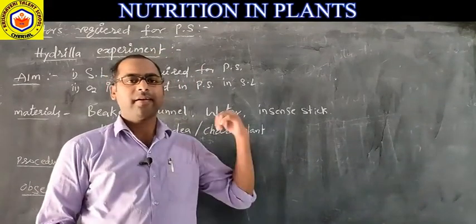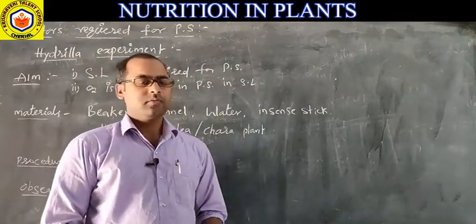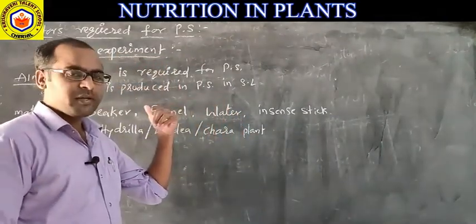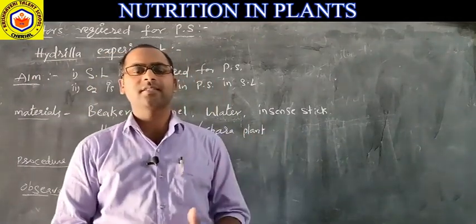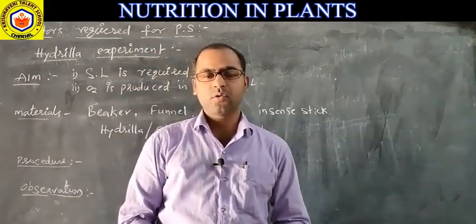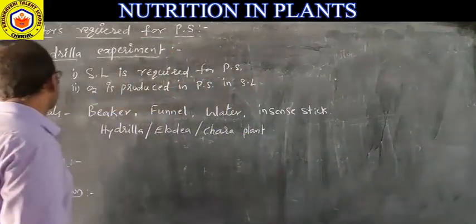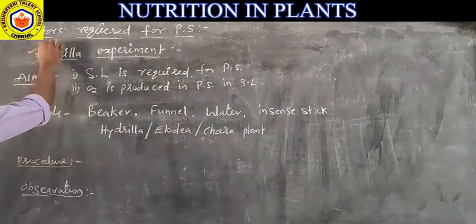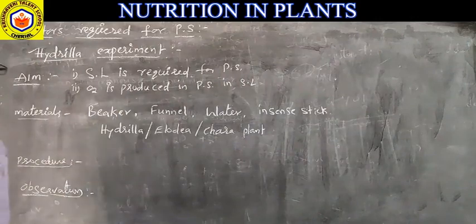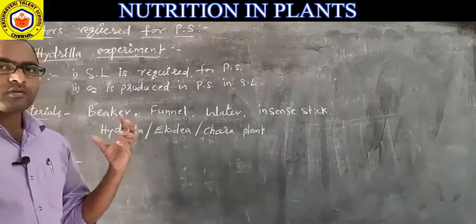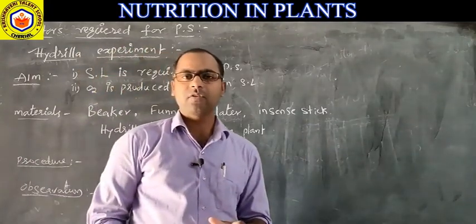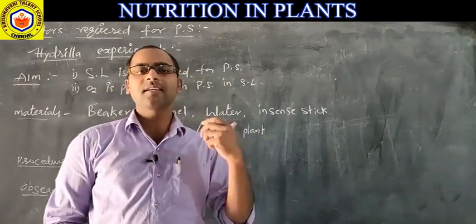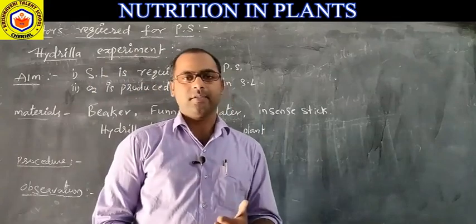Let us perform the Hydrilla experiment. It was performed by Jan Ingenhousz to prove that sunlight is necessary for photosynthesis. So let us do the activity. With this activity we can confirm that sunlight is necessary for photosynthesis, as well as that oxygen is released in photosynthesis in presence of sunlight.